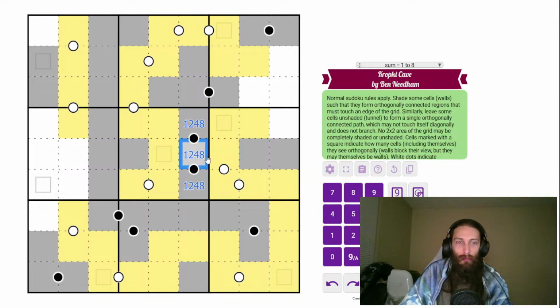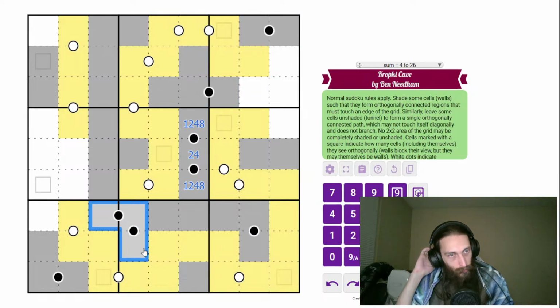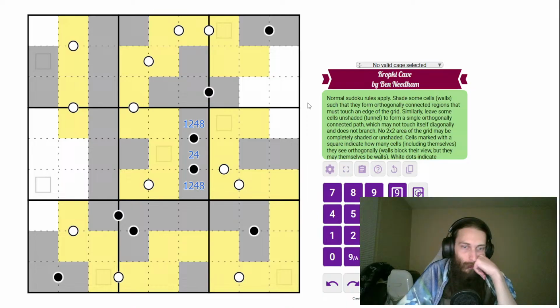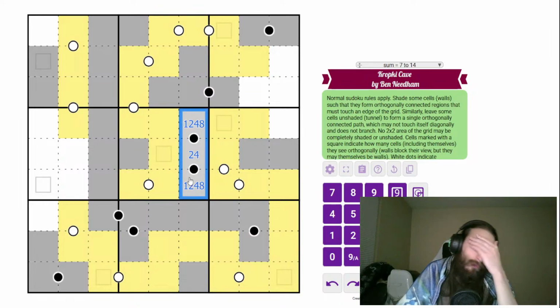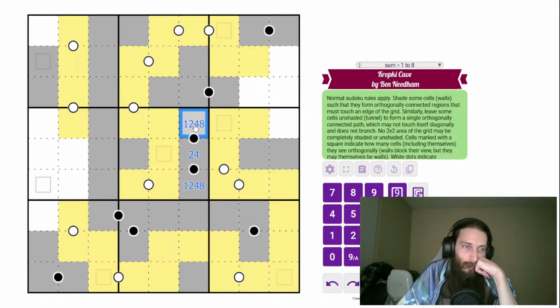2, 4, 8. 1 and 8 are gone. Those could be 3, 6. All right. Well, for the 2-to-1 ratio dots, the reason I know it's 1, 2, 4, and 8 as the only possibilities is that 5, 7, and 9 are all odd and so cannot be halved.